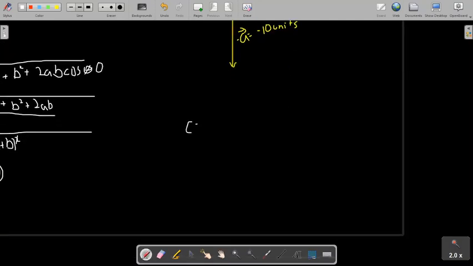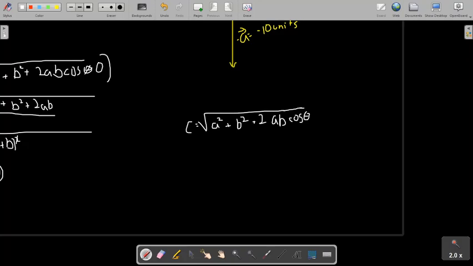So when we take the magnitude of the third vector, we would get c squared, that is the magnitude of the first vector squared, plus the magnitude of the second vector squared, plus 2 times the magnitude of the first vector times the magnitude of the second vector, times the cosine of theta. Now what is theta in this case?